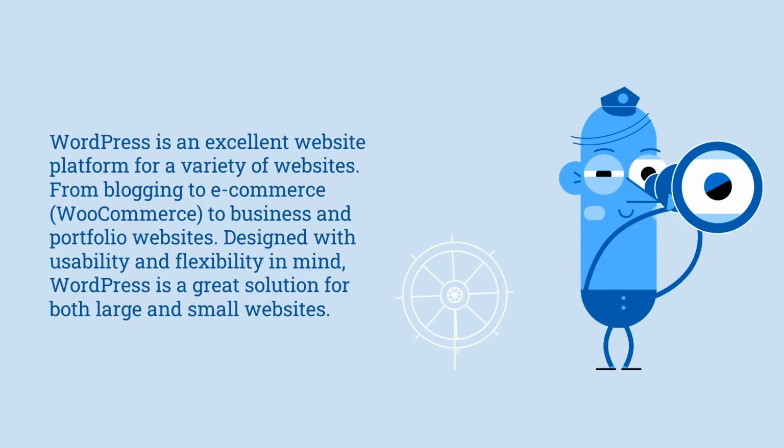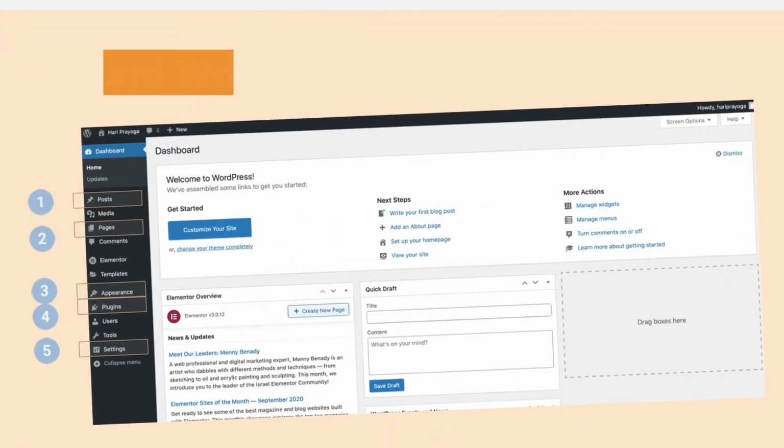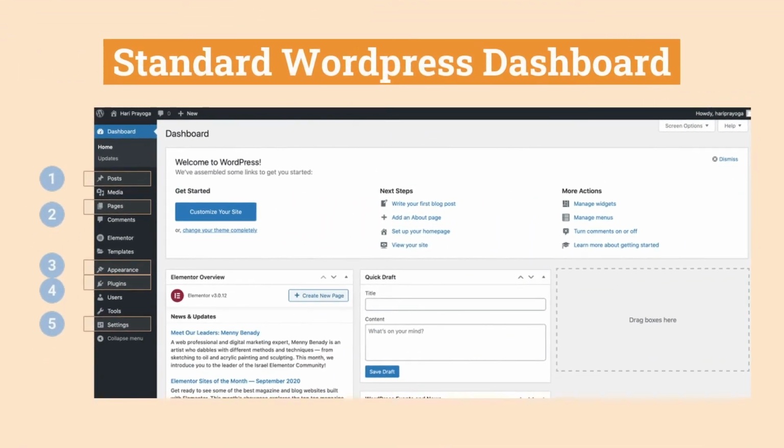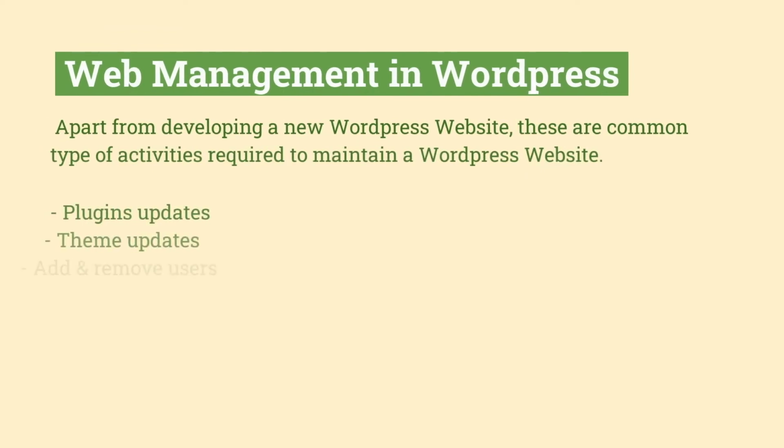WordPress takes care of them for you. You can build both the back end and the front end of a website from an easy-to-use WordPress dashboard that looks like this. You can access its functionalities from the sidebar menu. This is also where you can manage a WordPress website, including for your clients.